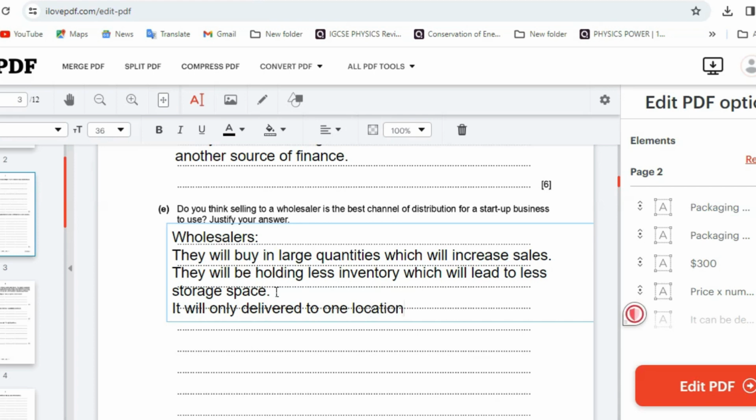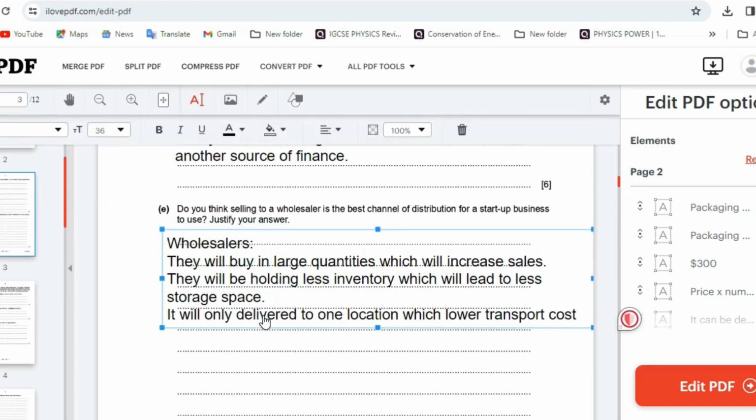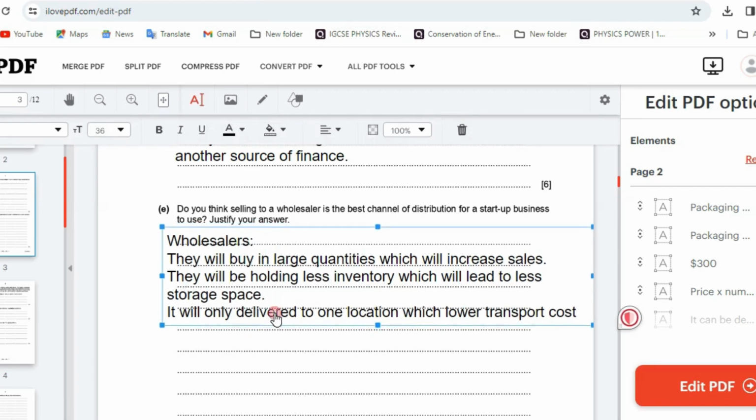And when that is there, it will lower the transport cost. Now after seeing this, let's try and see other channels of distribution before we can pick our justification based on the wholesaler.